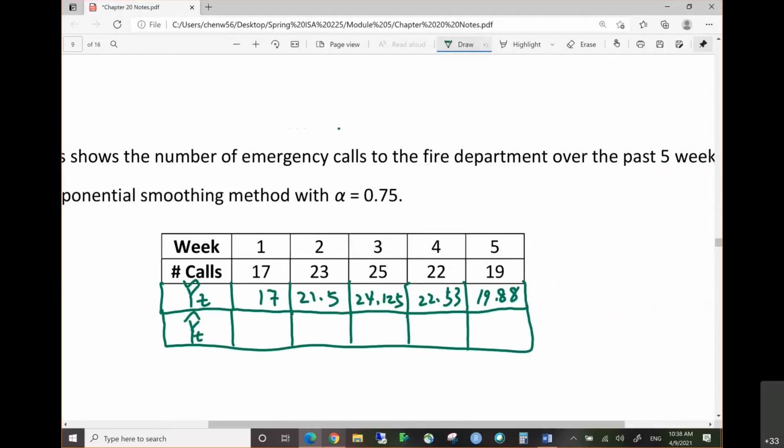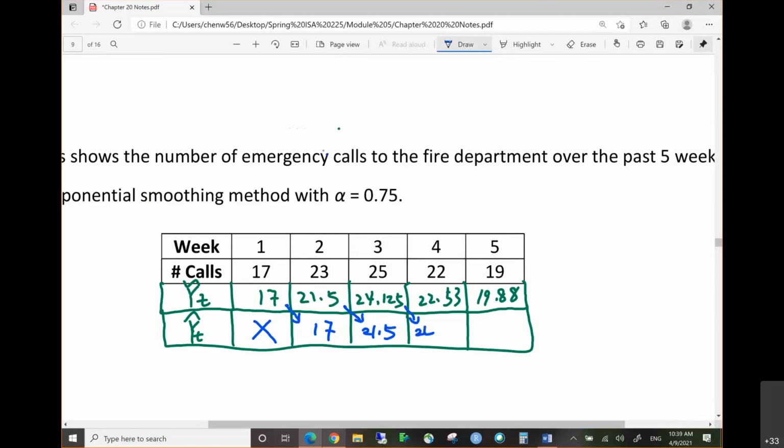Since there is no available previous estimated value for week 1, there is no available prediction for week 1. For week 2, we use the previous estimated value, so it would be 17. For week 3, the predicted value will be the estimated value for week 2, so it would be 21.5, and keep switching.